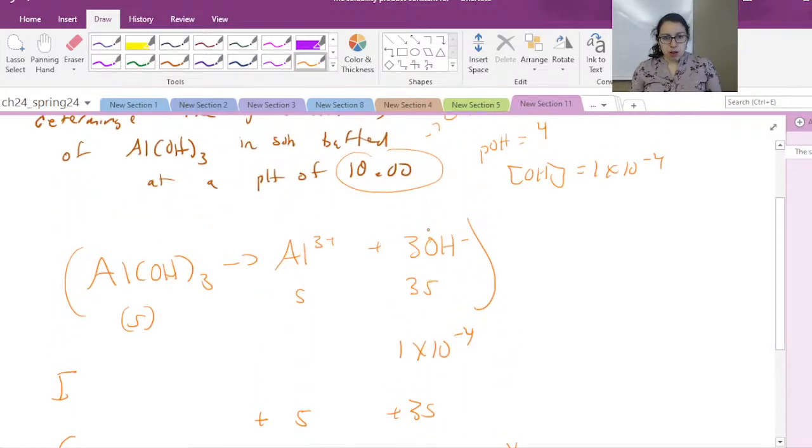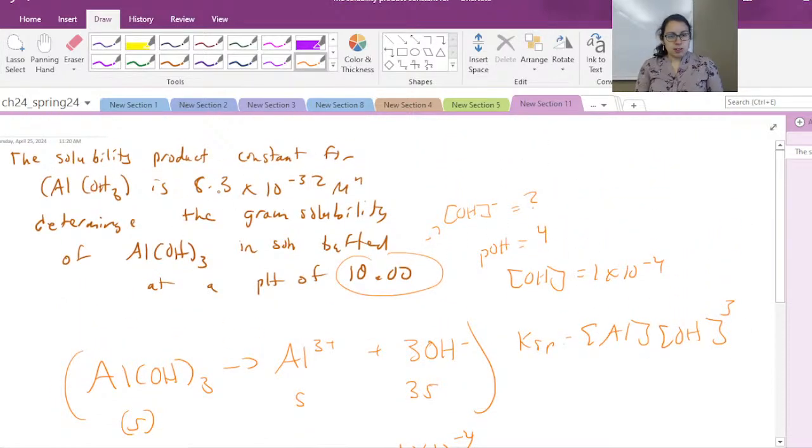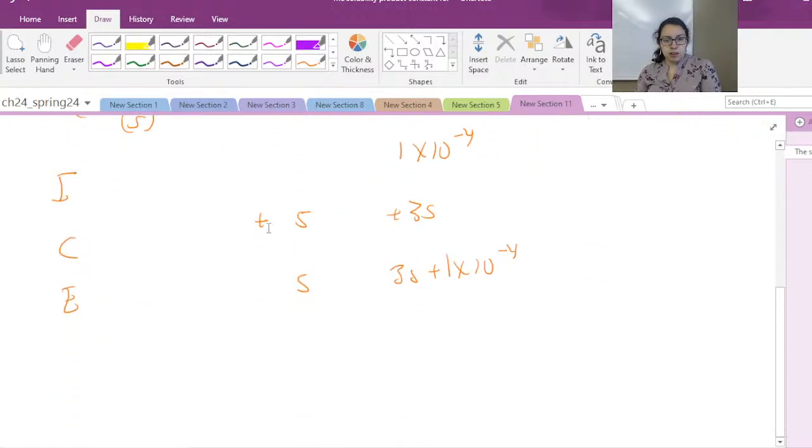And so we might want to set up what our KSP was. That would be our aluminum concentration times hydroxide cubed, and that equals this tiny number. So there's probably going to be an assumption later.